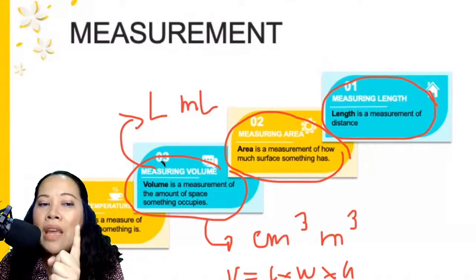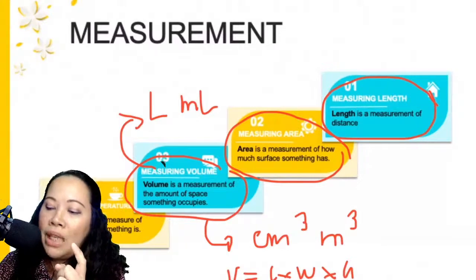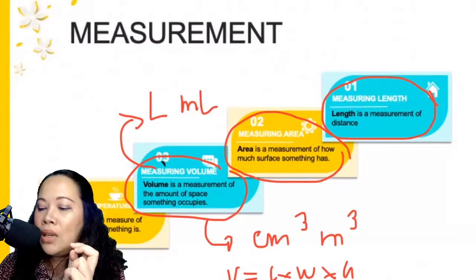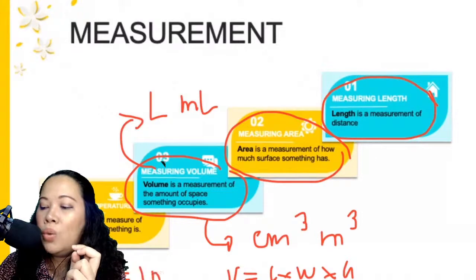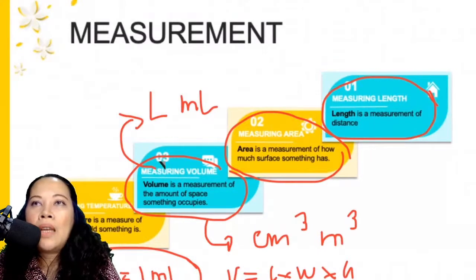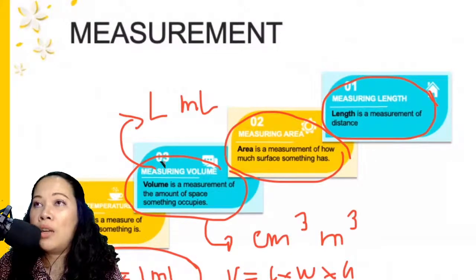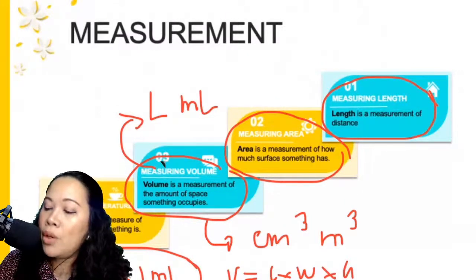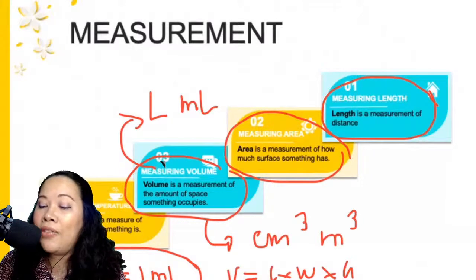But the only thing between the two, if you have a liquid and a solid, is that there is a common conversion between the two. 1 centimeter cube is equivalent to 1 milliliter. Okay? So if you go to the hospital, or if you watch a movie, and the doctor says give that patient 5 cc, cc there means cubic centimeter, cm cube. 5 cc means 5 ml.